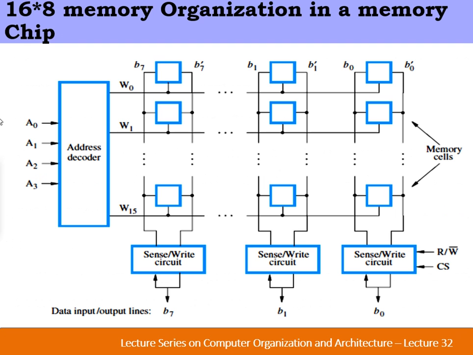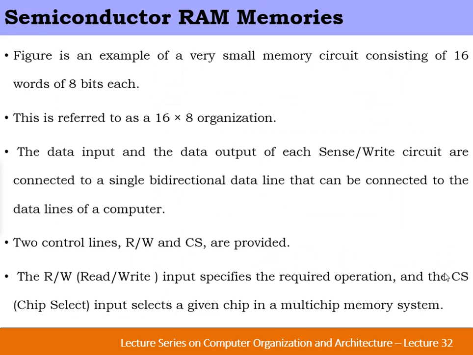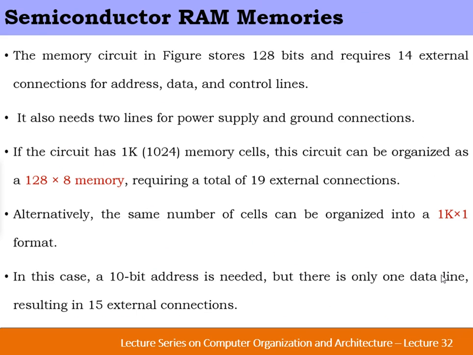For example, here 4 address lines are used, so external connections are 4. 4 plus 8 becomes 12, and 12 plus 2 external control lines, R/W bar and CS, becomes 14. Along with this we require 2 external power supply lines, for VCC and ground connection. So in total 16, or at least 14, external connections are required.